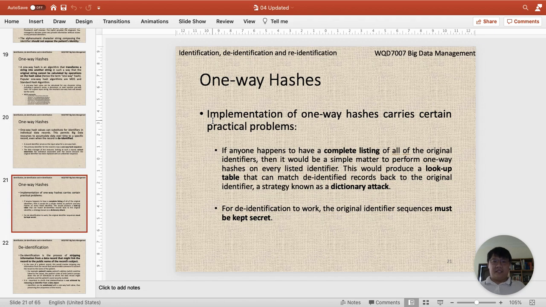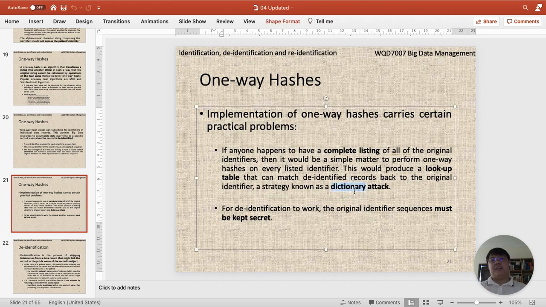Then you cross-check it with the data available from the data manager, and you'll be able to do what we call a dictionary attack. You are able to match the record which is supposed to be de-identified. So that's why the original identifier sequence must be kept secret.